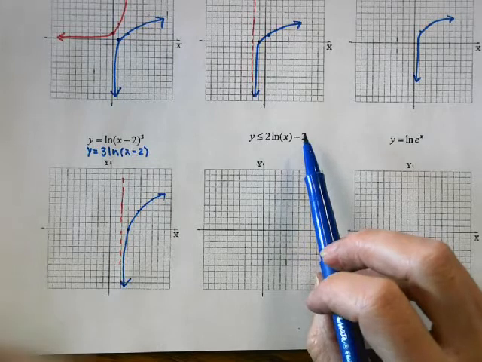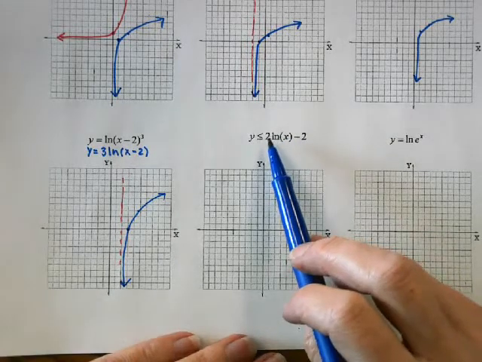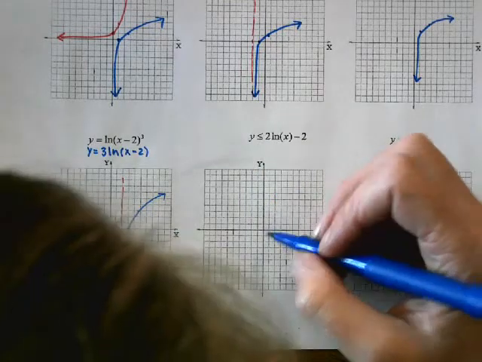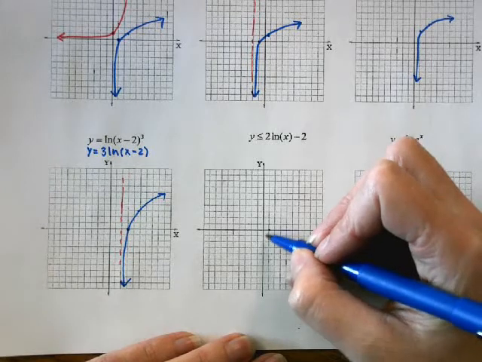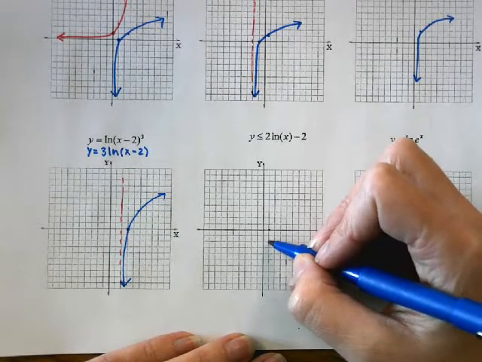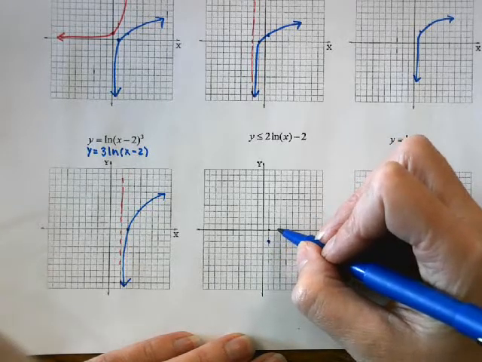This one's going to be stretched vertically by 2 and moved down. So this point here is going to be moved down too. The next point would be at e, 1.